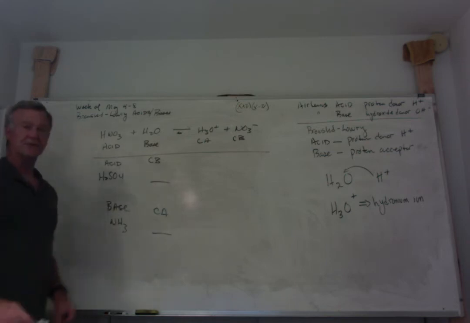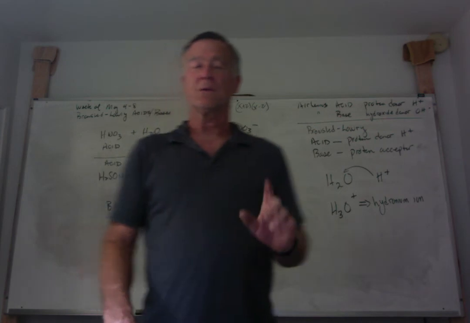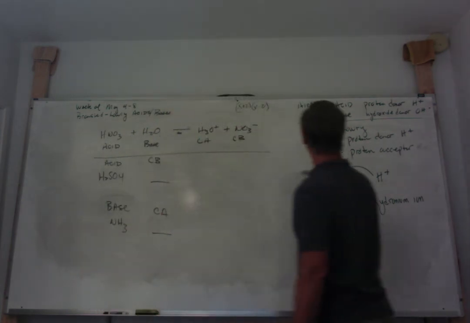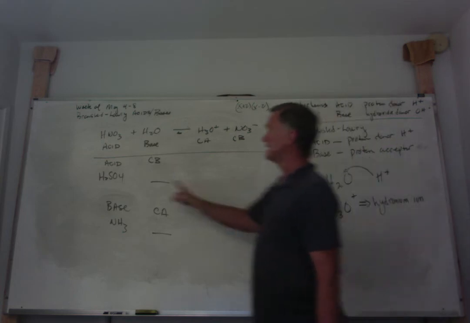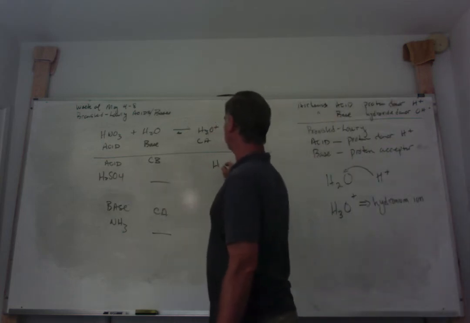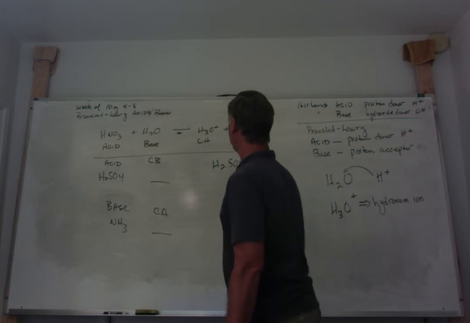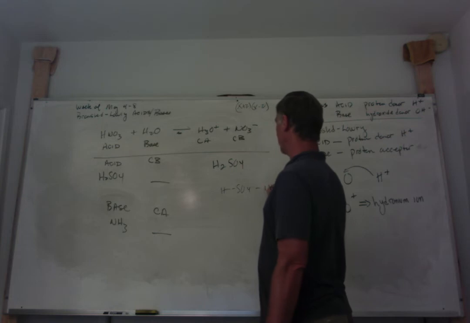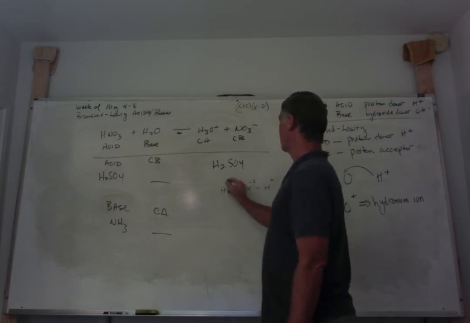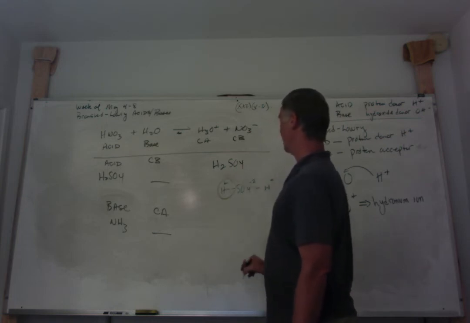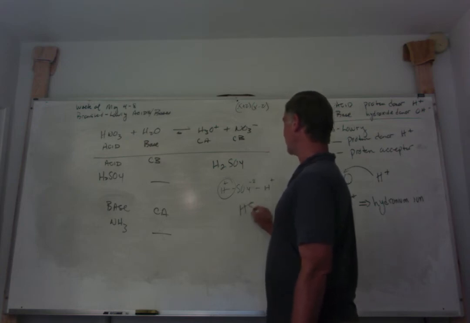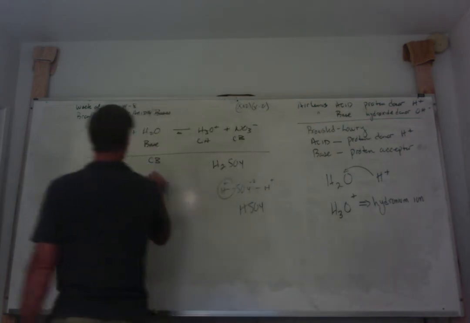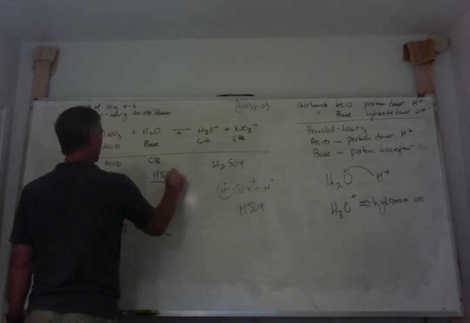Okay, I'm going to make this real simple for you. The way that you go from an acid to its conjugate base is that you donate a proton. Take an H plus away. We've got H2SO4, which is a sulfate attached to 2 hydrogen ions. We're going to take one away. What's left? We have HSO4, and because we have a positive and 2 negatives, this would be HSO4 minus.